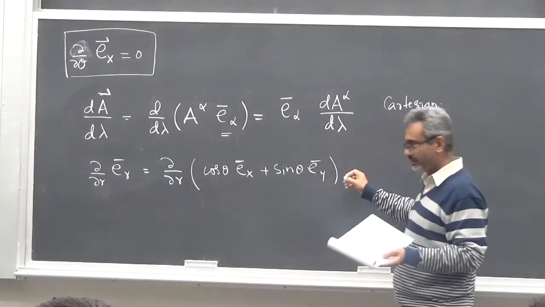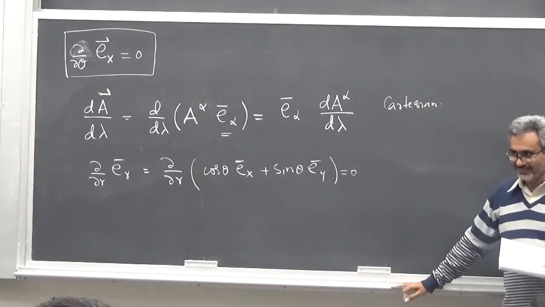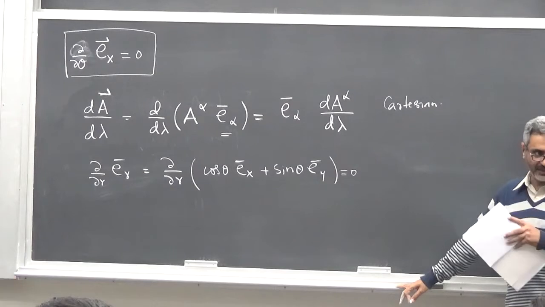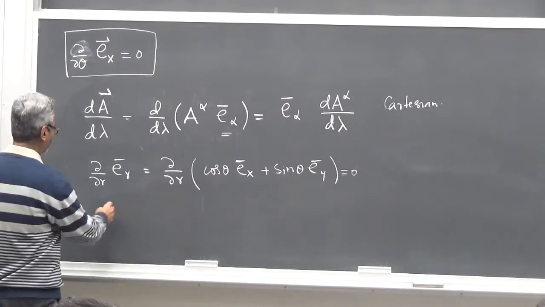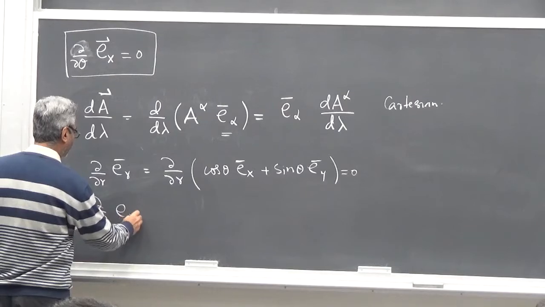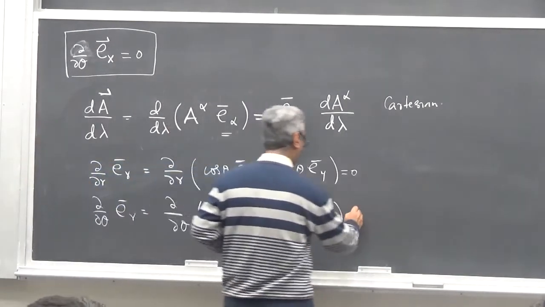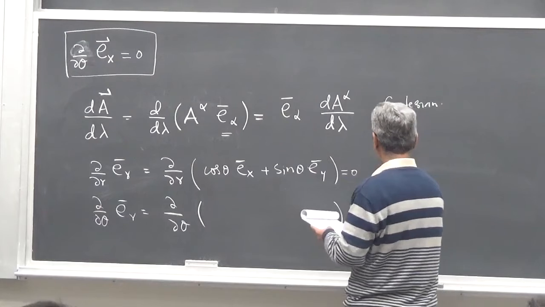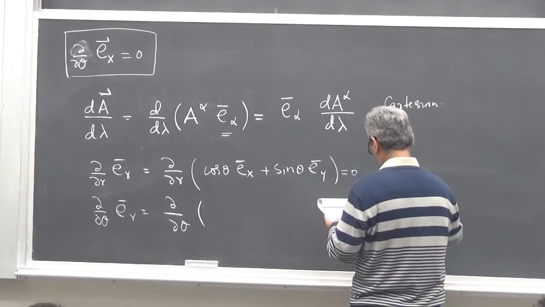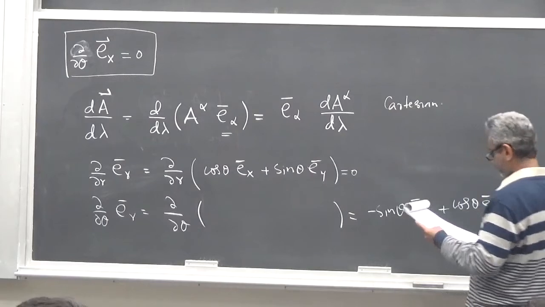Oh, ER, you just said ER changes. No. So d by d theta of ER is d by d theta of this whole thing, which is equal to minus sine theta EX plus cos theta EY.